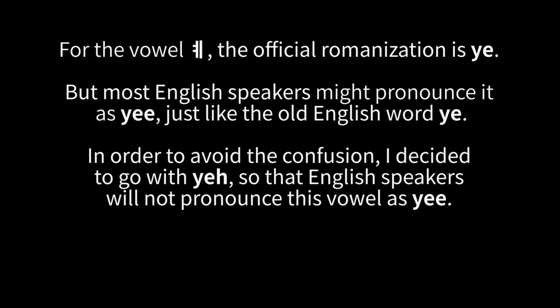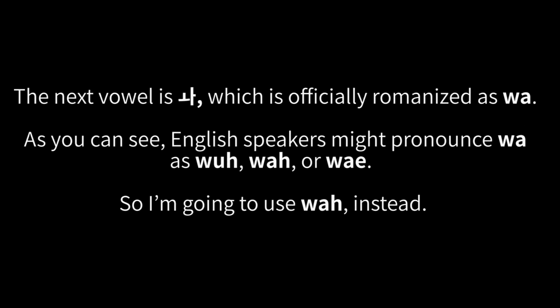But when you see this word, most English speakers might pronounce it as "yee", just like the word "ye" that appears so much in Old English literature or the Bible. In order to avoid the confusion, I decided to go with yeh so that English speakers will not pronounce this vowel as "yee".